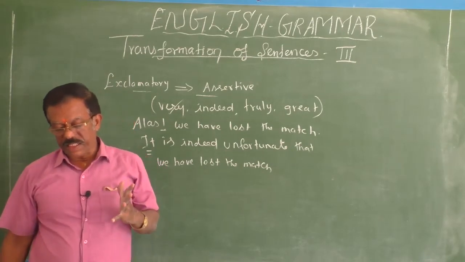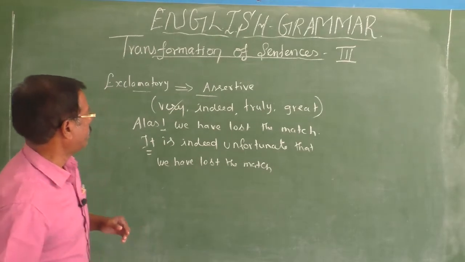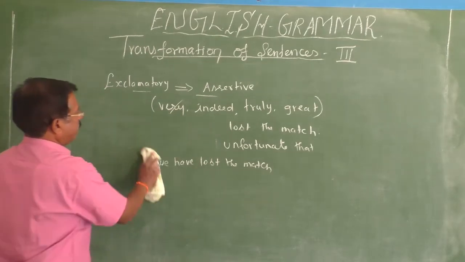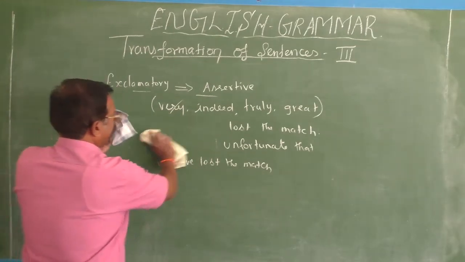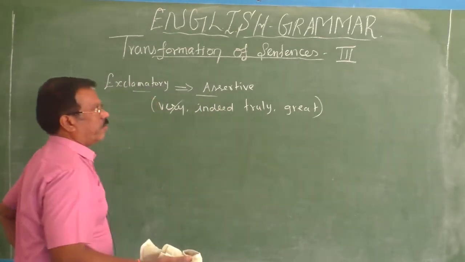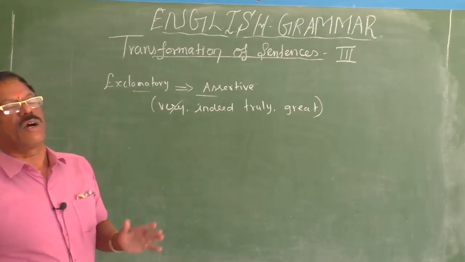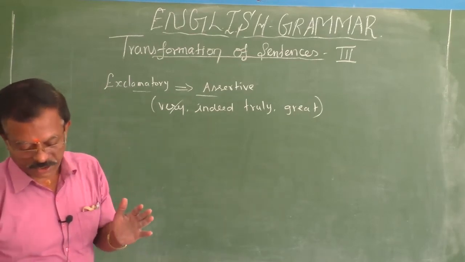What a privilege it is to work with this great man. I will give you another example. Here also a person gets excited when he has a good atmosphere to work with someone else. When you have such exclamatory sentences, how can you change them into an assertive? Let me explain.